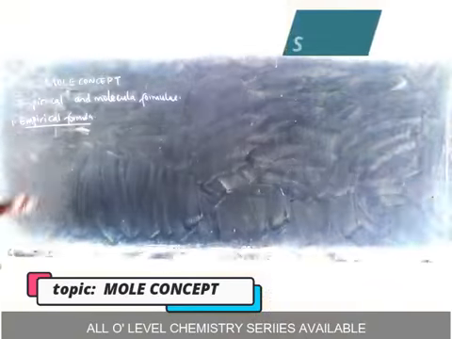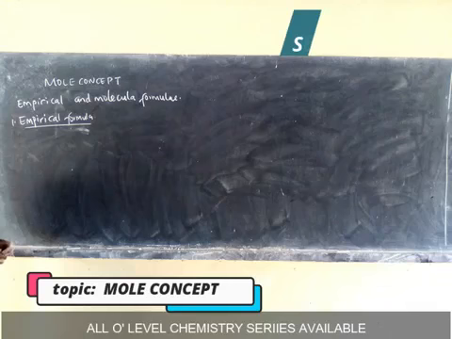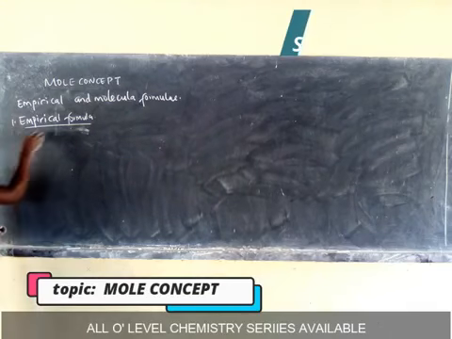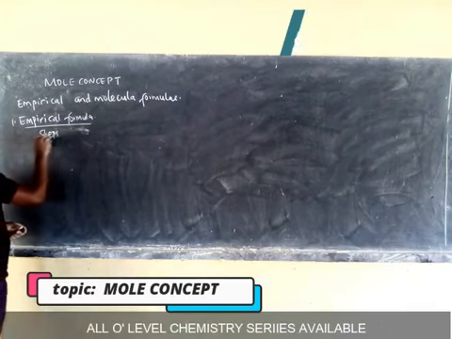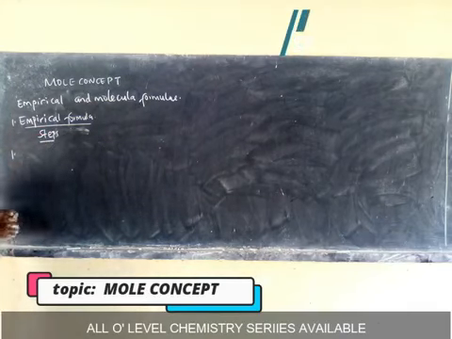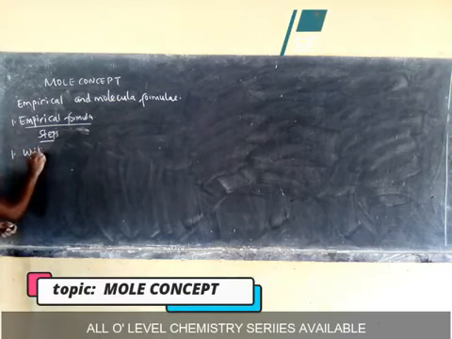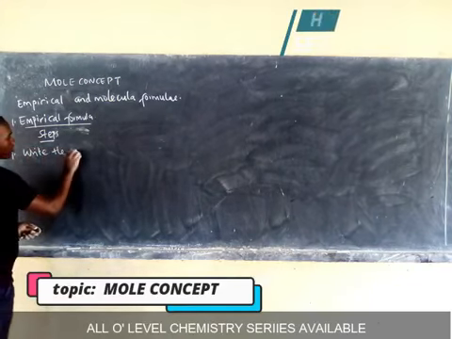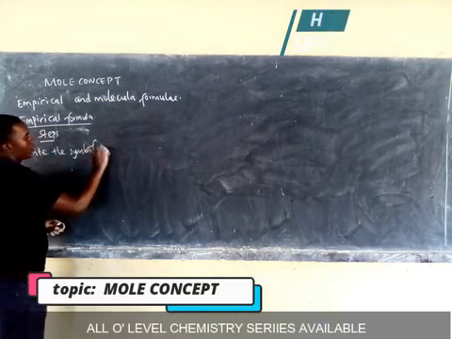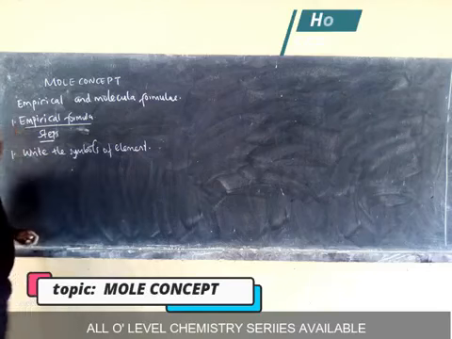Let us look at how we can find or determine the empirical formula of different compounds. And there are steps to take. So steps taken to find the empirical formula. Number 1, you write the symbols of elements in the compound. That is the first step.